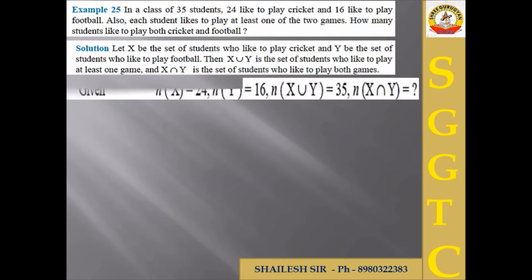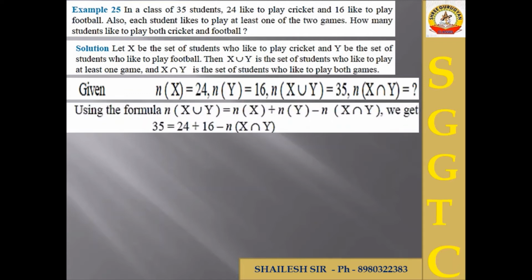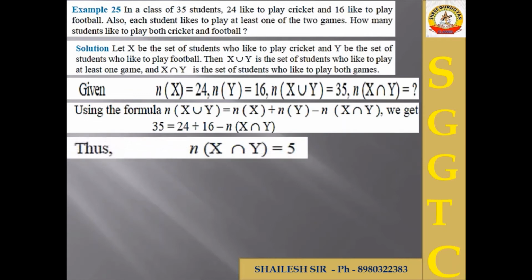Very easy. n of x indicates cricket, n of y is football, the union is given as 35, and my target is x intersection y. So go to our basic formula: n of x union y equals n of x plus n of y minus n of x intersection y. Putting in values and calculating, you easily get x intersection y equal to 5.